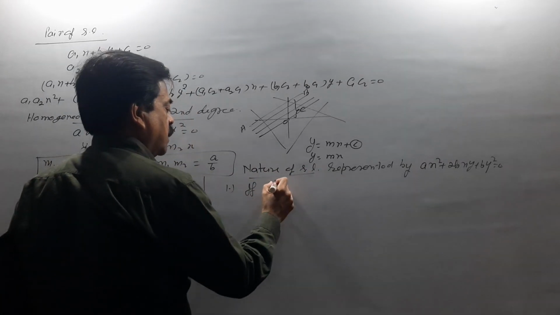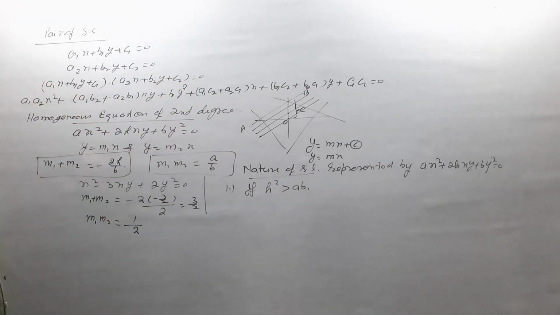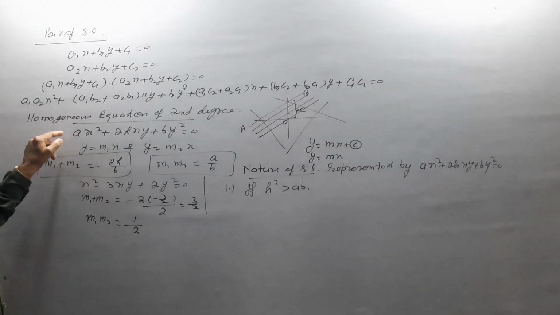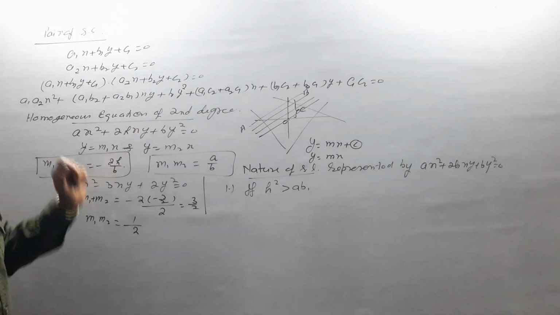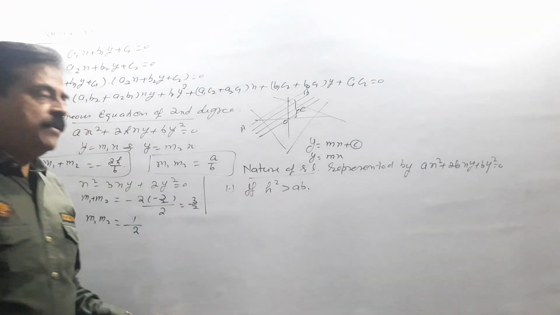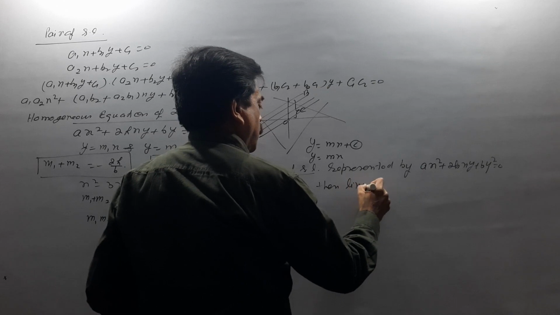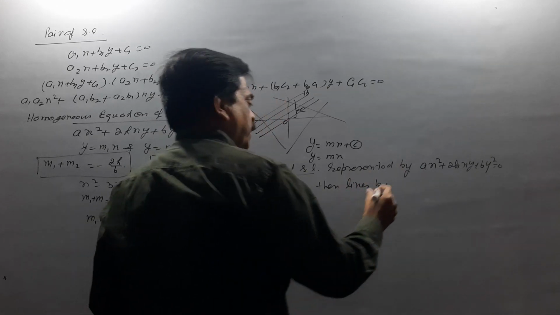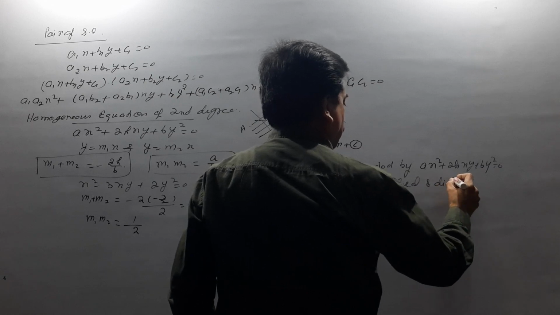If h square is greater than ab, find the values of h, a and b from the homogeneous equation of second degree. If h square is greater than ab, then lines will be real and distinct.